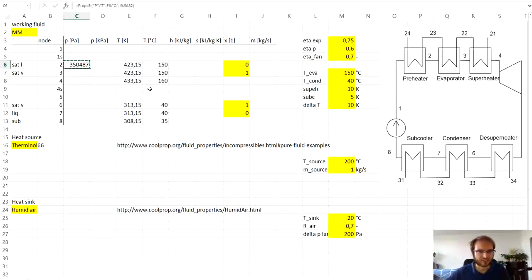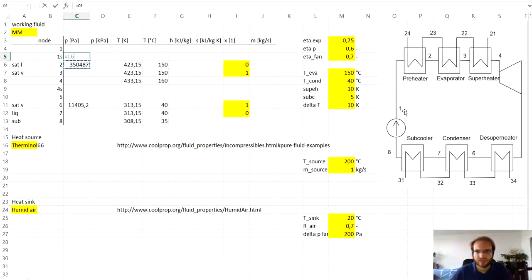The same function can be used also for the condensation. And by this we have specified the high and low pressure levels in our cycle. Because we are not considering any pressure drop in the heat exchangers in this example, we can just copy the value of the pressure into the respective points.